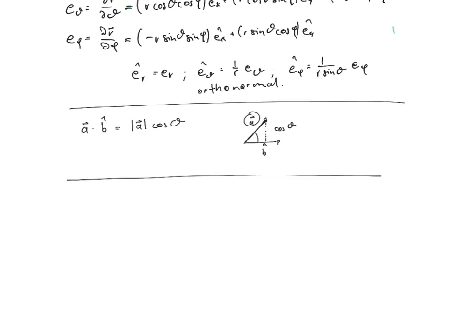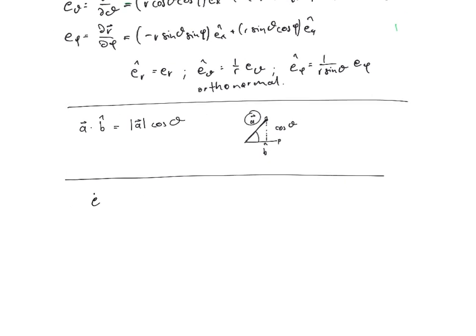In particular, I start off with e hat r times our gradient vector. Remember that the gradient vector is d over dx, d over dy, d over dz. If I write this down, this is dr over dr times the gradient vector, and I can write this out in components.